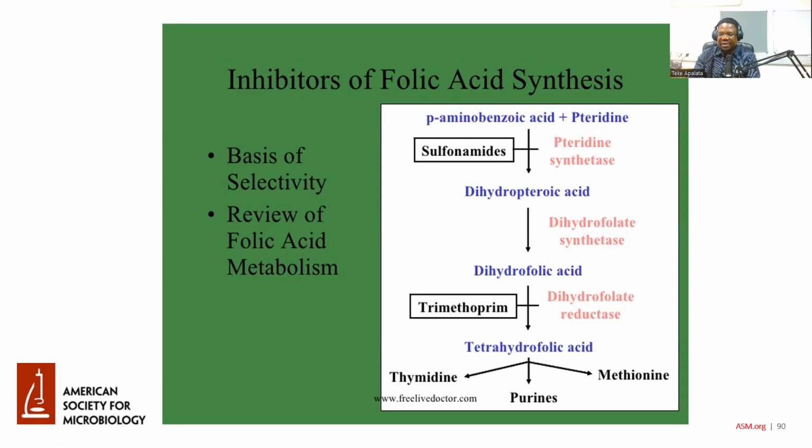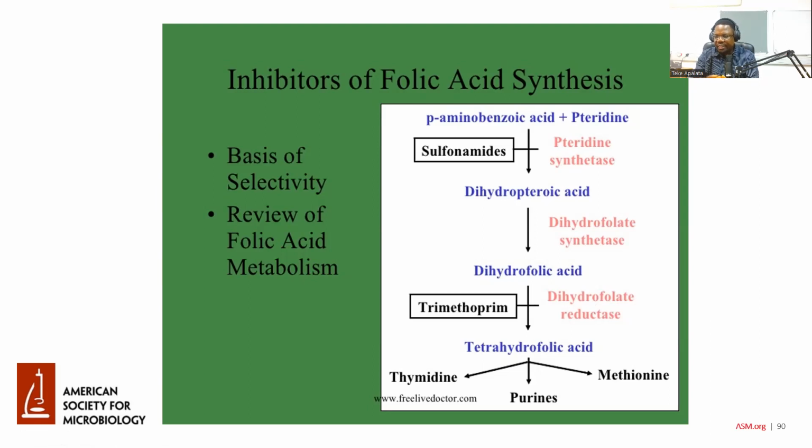Okay, so then those drugs like sulfanilamide and trimethoprim, they act here to inhibit folic acid synthesis. So they act at different sites. The sulfanilamide interferes with pyridine synthetase, and the trimethoprim interferes with dihydrofolate reductase.